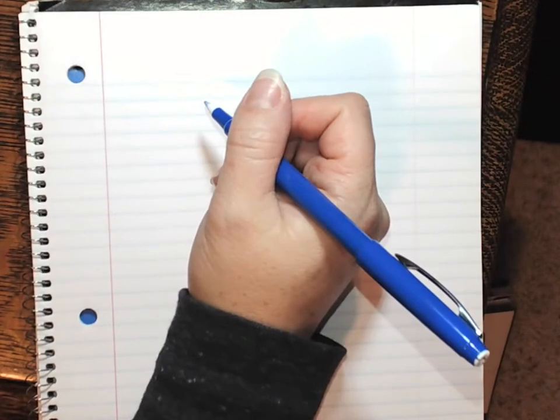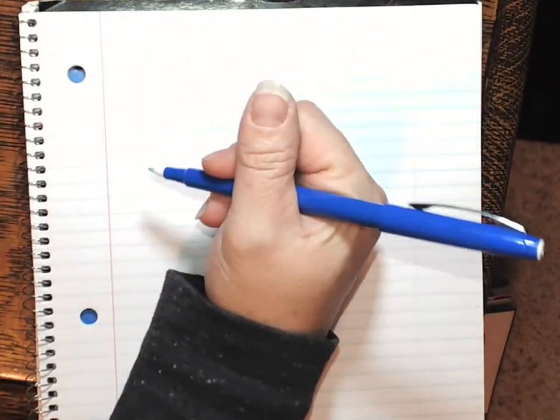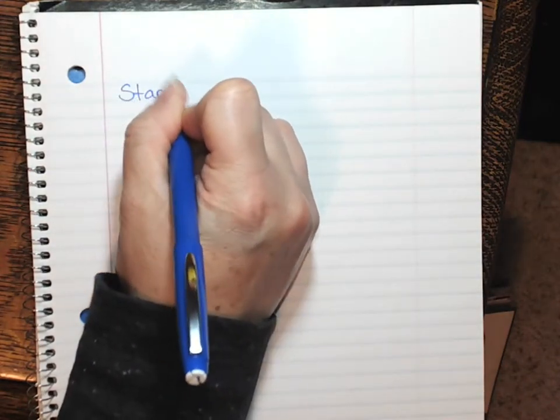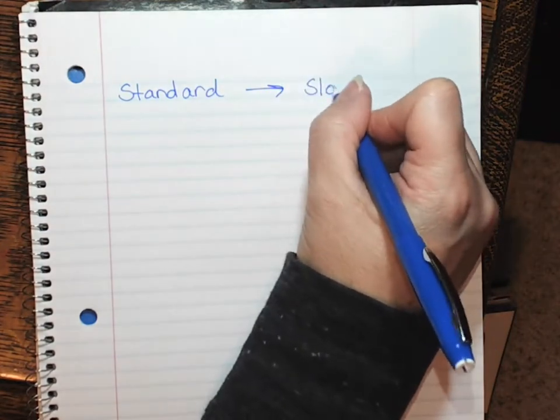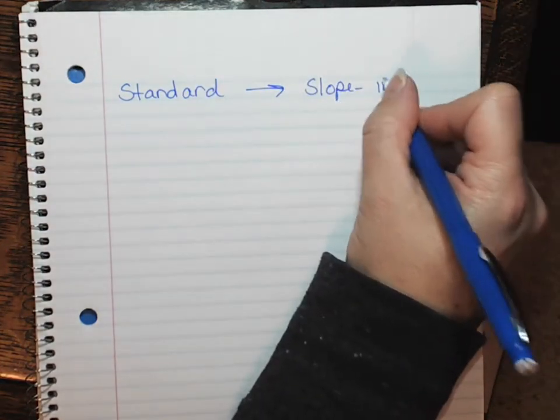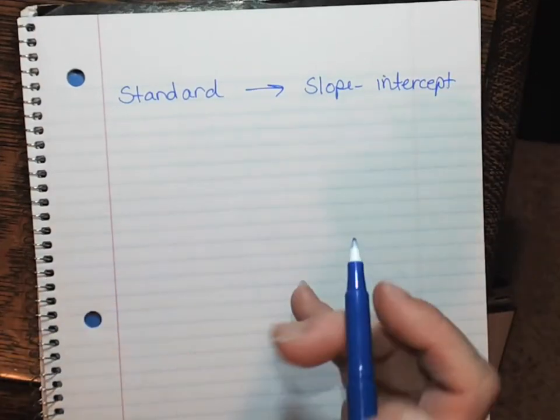So let's say you are given this amount, okay? And your job is to rearrange. So I've got standard form, and I want to go to slope-intercept. I have to rearrange my equations here.